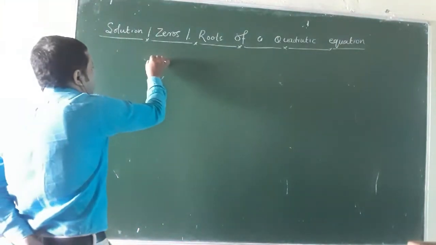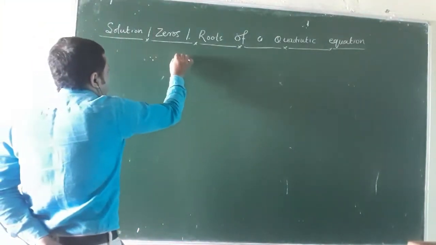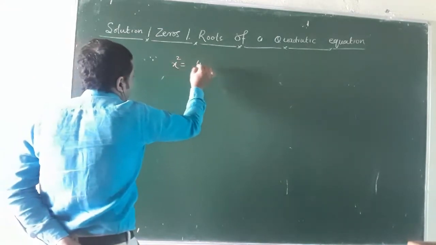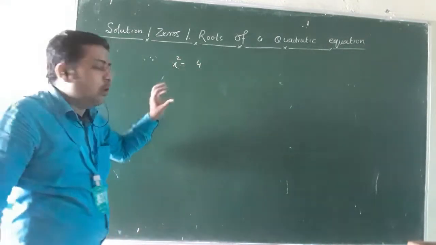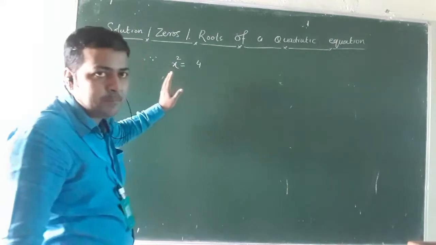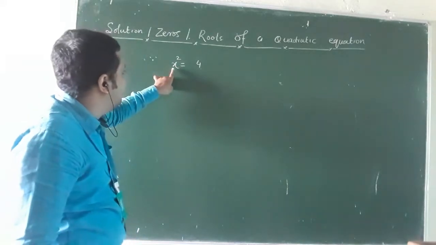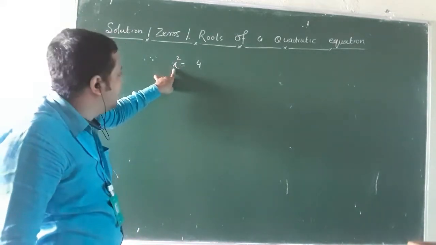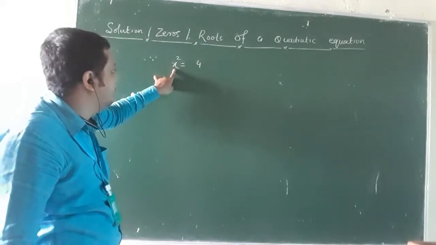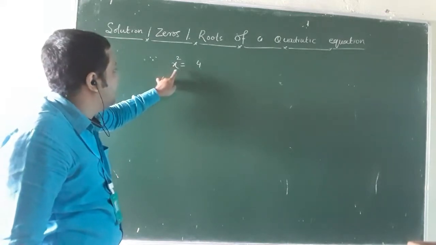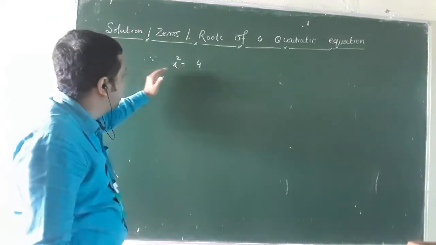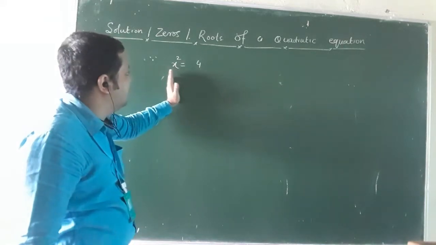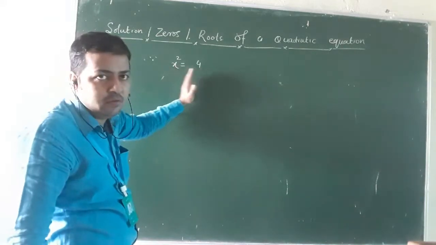Simply, suppose I am writing x square is equal to 4, so all such numbers which we can put in place of x, and it will give 4, means all such numbers which give us the relation LHS is equal to RHS.